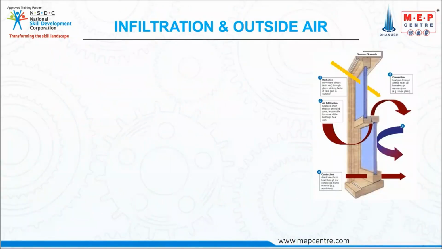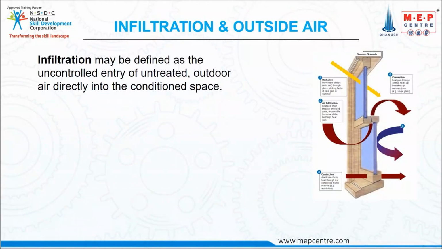Next, infiltration and outside air. Infiltration is the uncontrolled air entering from the gaps of the doors and windows. If air enters from outside to inside through the gaps, that is called infiltrated air.